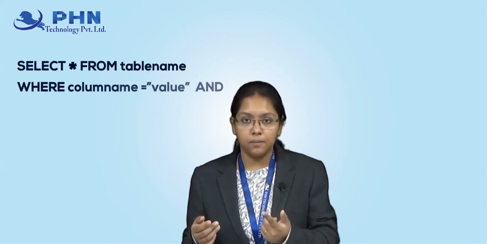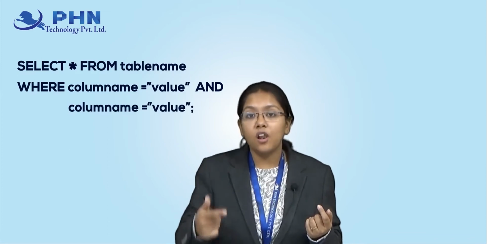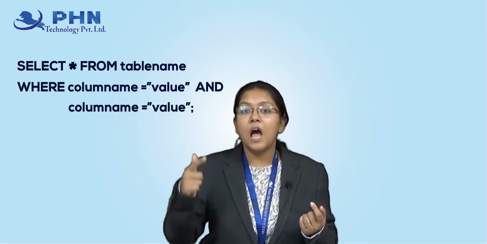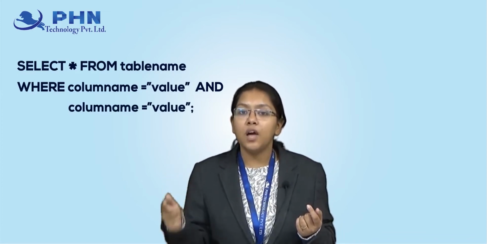Now, how we can use this, how we can fire the query and what the conditions are, we will see through code. But before that, the syntax of the WHERE clause using the AND operator is: select star from table name where column name is equal to value and column name is equal to value.